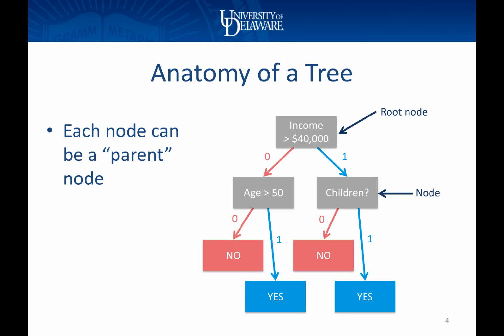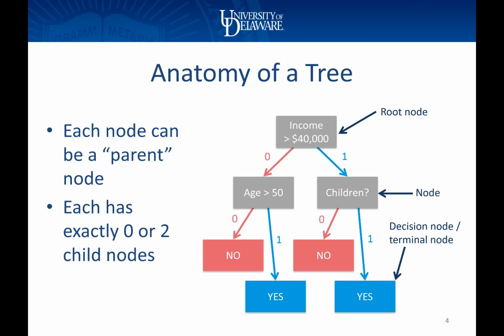Each node can be a parent node, and if it is a parent node, then it will have two children, exactly two. Every node has exactly 0 or 2 children. There's no 3 children nodes from a single parent. And the colored boxes I've made colorful just so we can identify a difference between them and the others.